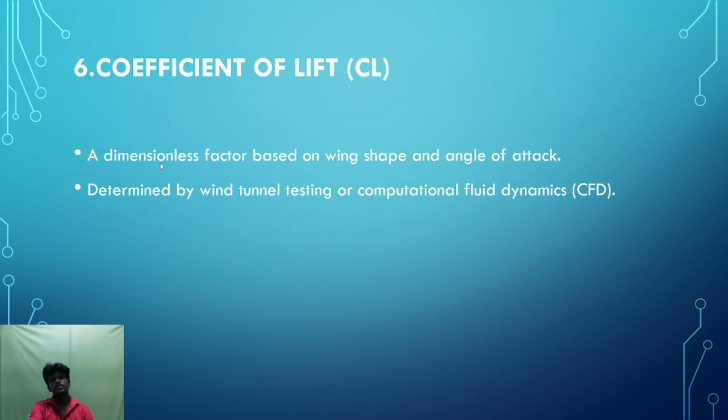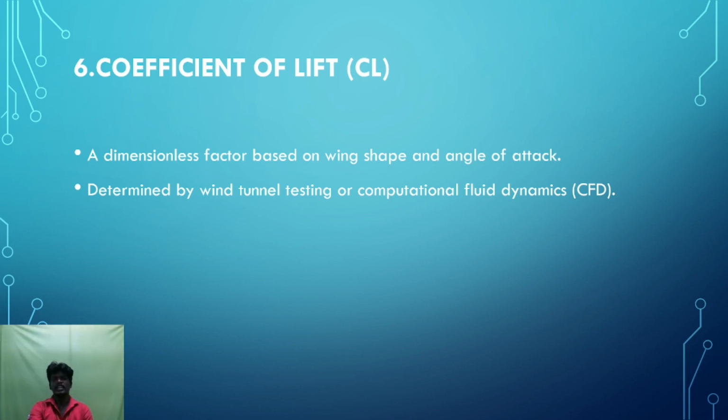Then the sixth factor is the coefficient of lift, CL. It is represented by CL, a dimensionless factor. That means it has no unit, and it is based on wing shape and angle of attack. The coefficient of lift depends upon the wing shape and the angle of attack.